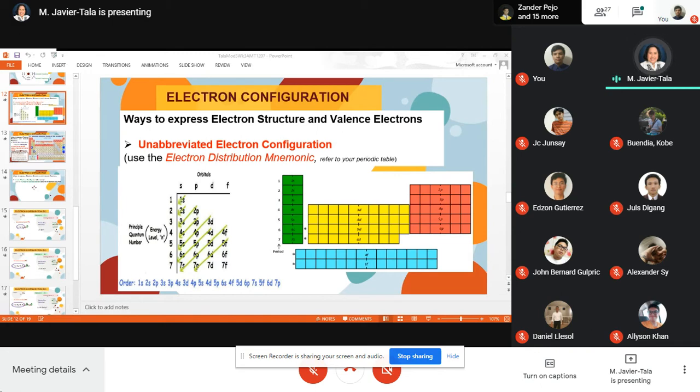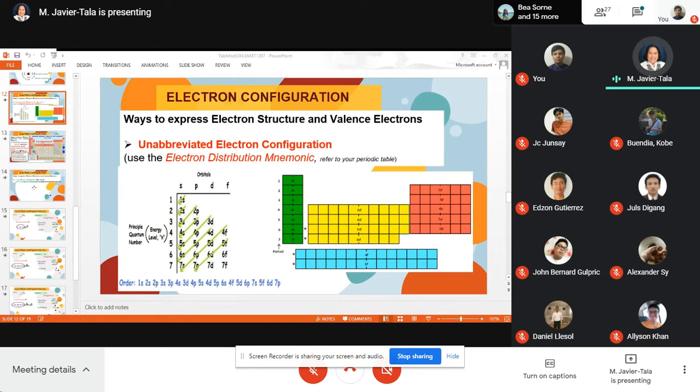These SPDF are your subshells or your orbitals within your KLMN or your energy levels. When you were in high school, it was KLMN. But here in college, we refer to them as your N or your energy level. And your SPDF are your subshells within your energy level.